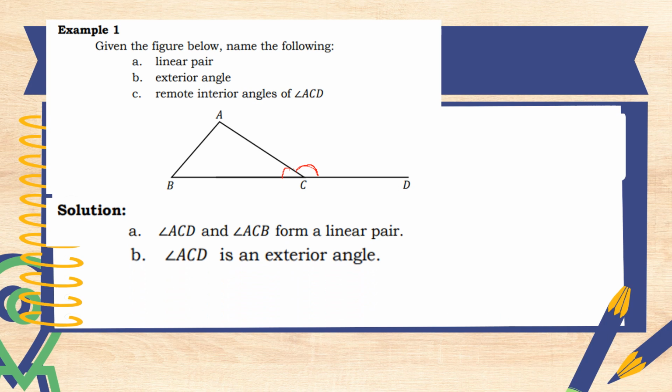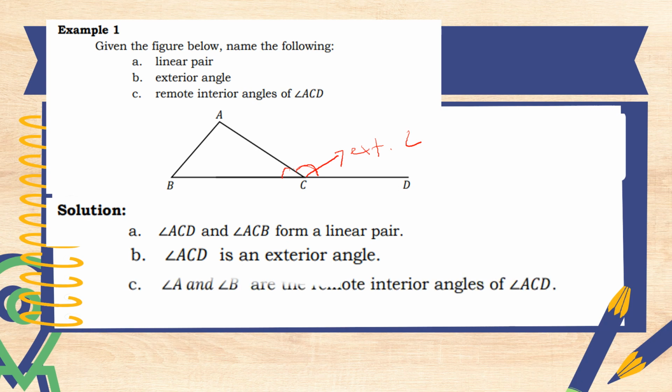The exterior angle is angle ACD. What are the remote interior angles of angle ACD? The remote interior angles of angle ACD are angle A and angle B.